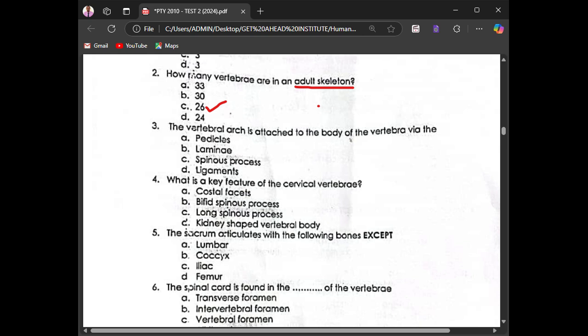About the attachment of the vertebral arch to the body of the vertebrae.